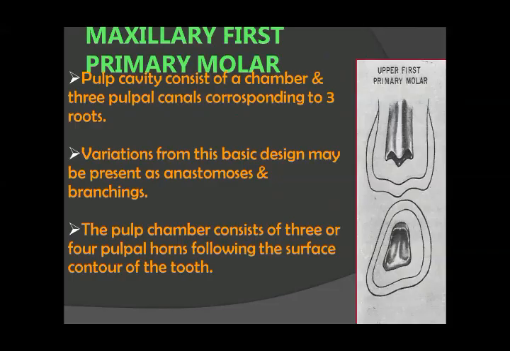Mandibular first primary molar. The pulp cavity consists of a chamber and three pulp canals corresponding to three roots. Variations from this basic design may be present, such as anastomoses and branches. The pulp chamber consists of three or four pulp horns forming the surface contour of the tooth.